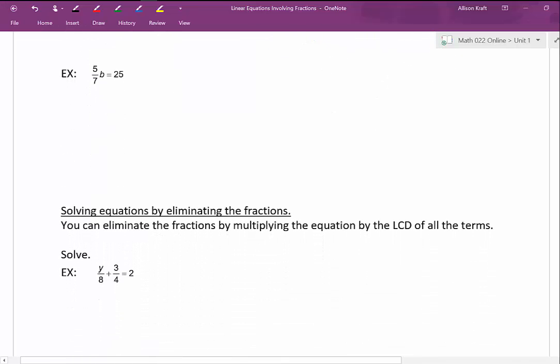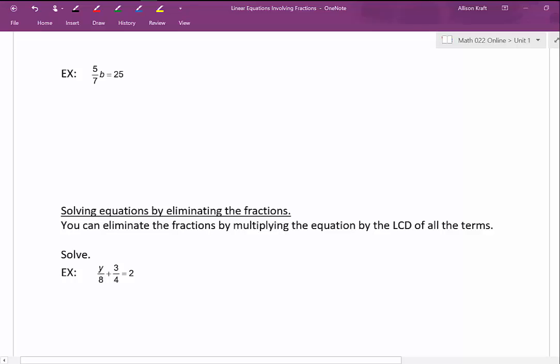In our next example, we see that all of our variable terms are collected on the left side and all of our constant terms are collected on the right side. However, our variable term is not alone on the left side. It's currently being multiplied by 5/7.